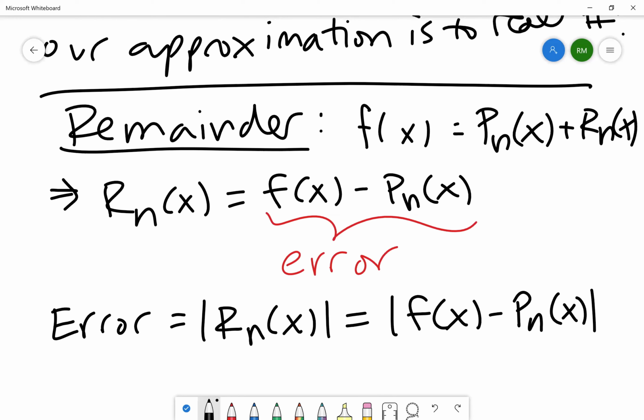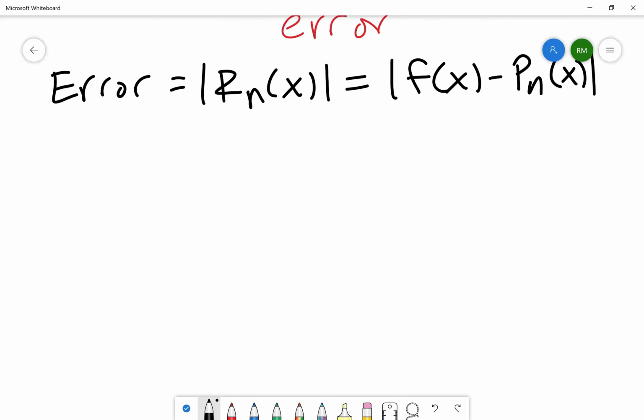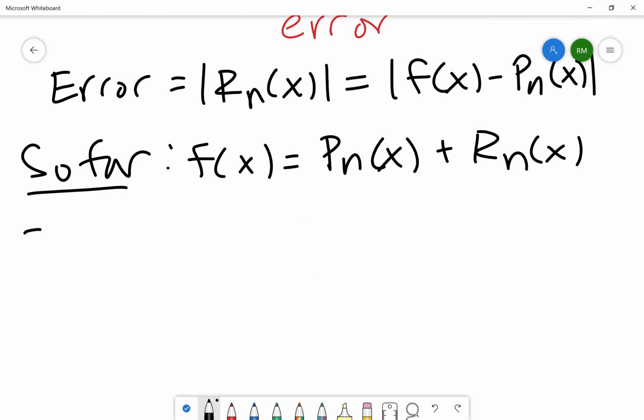Okay, so what do we know so far? So far, we have shown that f of x is our polynomial Pn of x plus some remainder. And I know what this polynomial is from last time.